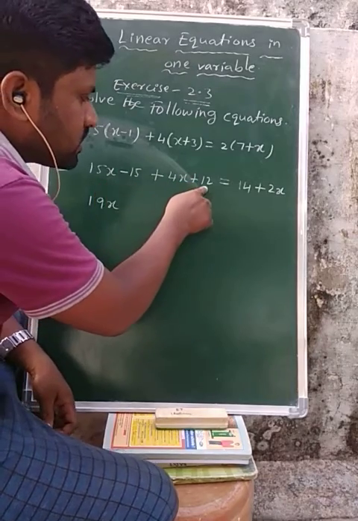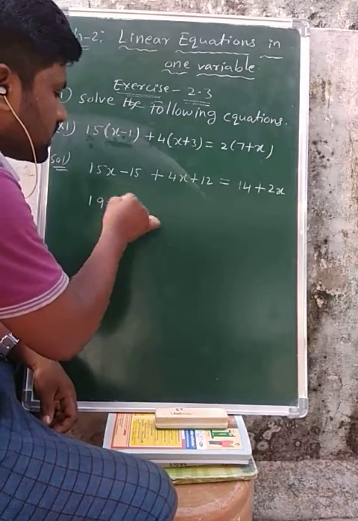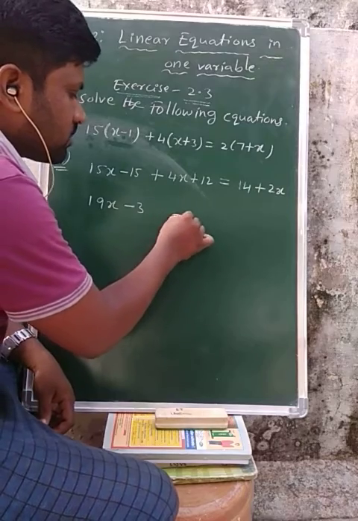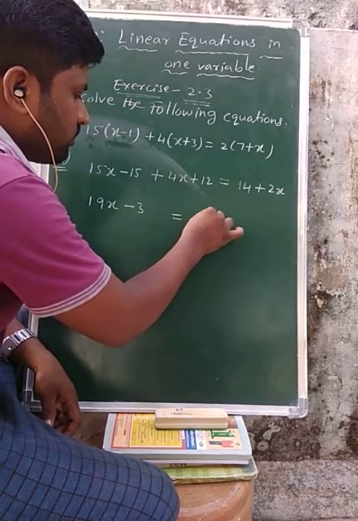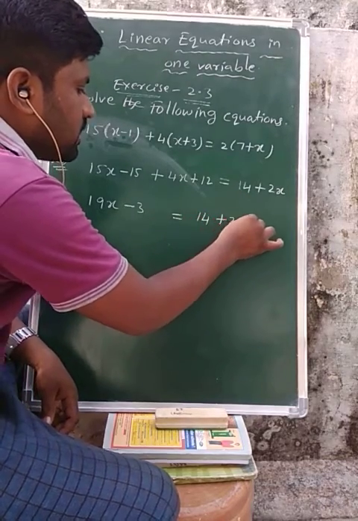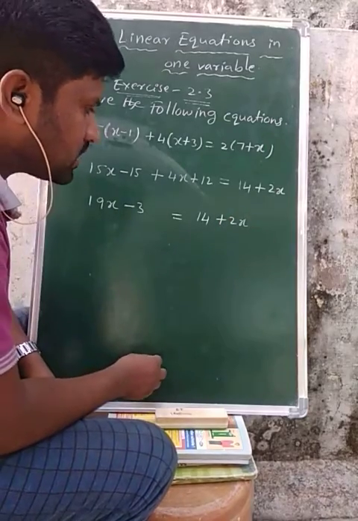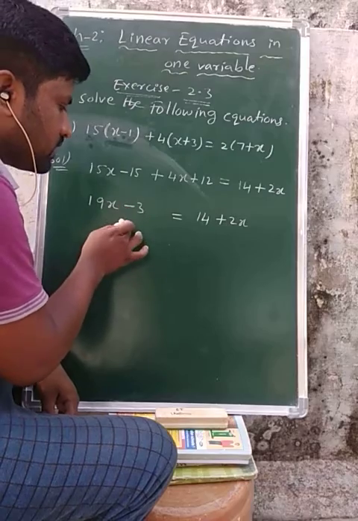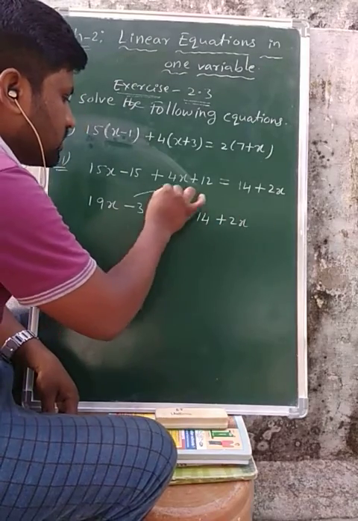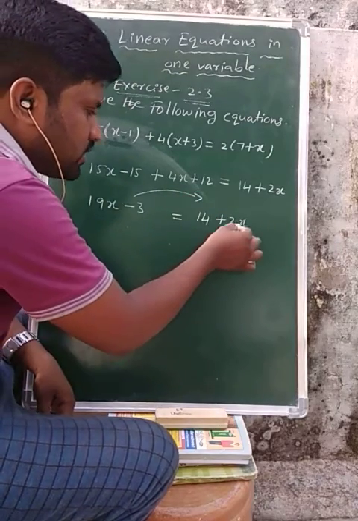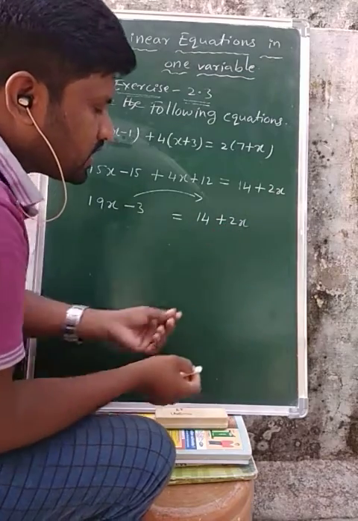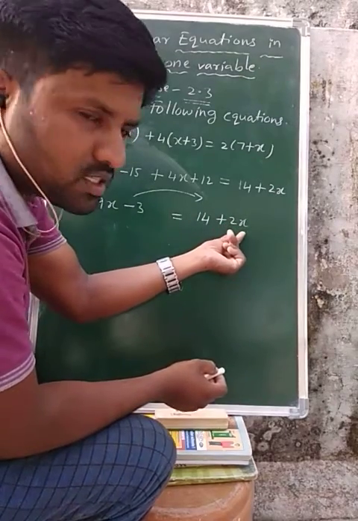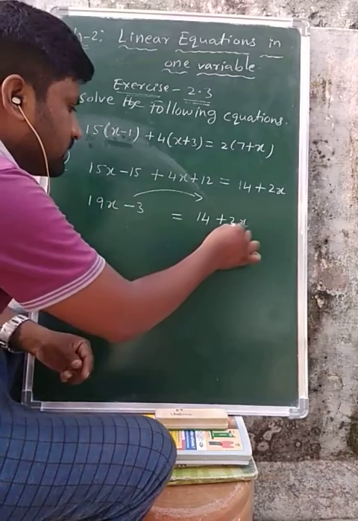Minus 15 plus 12 means we get minus 3 is equal to 14 plus 2x on this side. In the next step, transposing minus 3 from LHS to RHS, and transposing plus 2x from RHS to LHS.